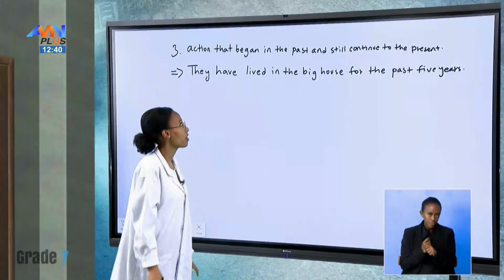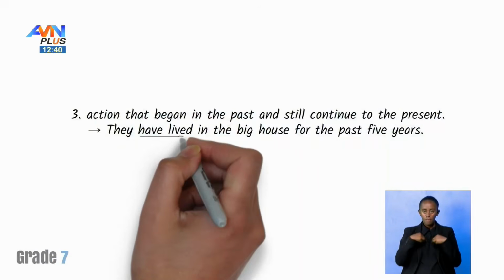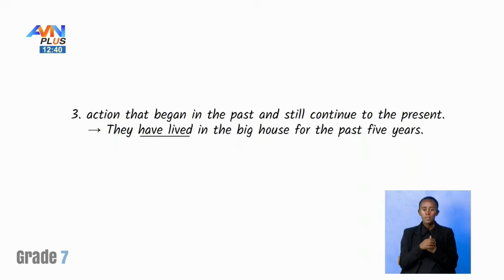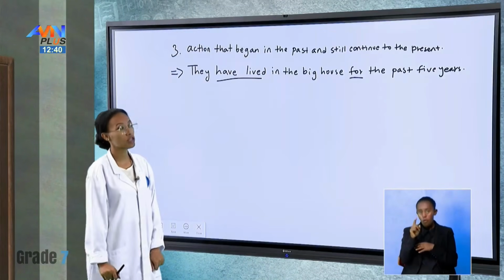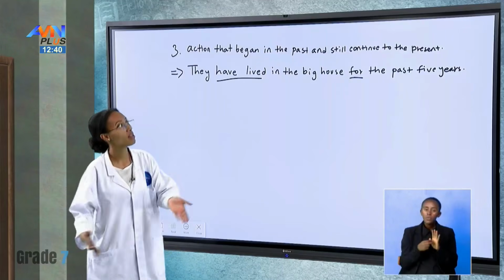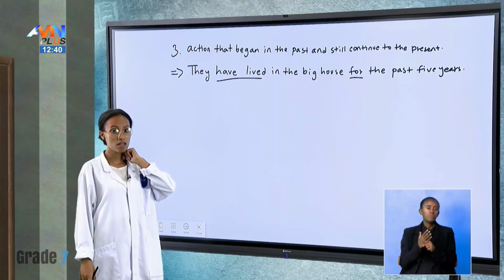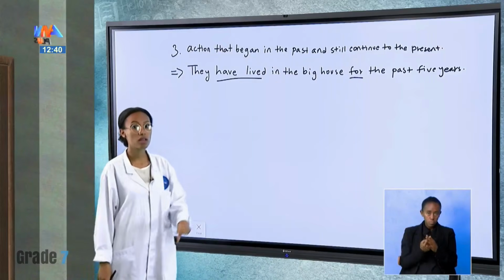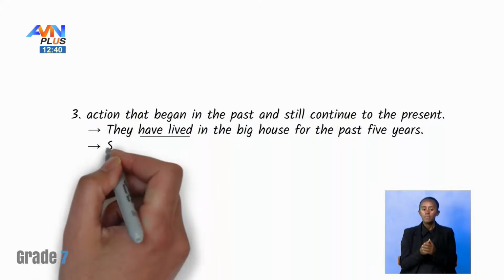So, if you see here, we have shown have and lived, but we are focusing more on the common time expression here, which is for what? The past 5 years. Even though the action started in the past, it's still continuing to this day. They are still there, living in that big house.